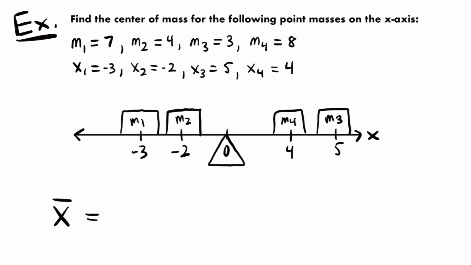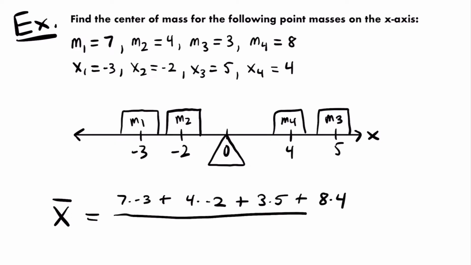We start with the moment for the first mass, m sub 1 times x sub 1, so 7 times negative 3, plus the moment for our second mass, m sub 2 times x sub 2, which is 4 times negative 2, plus the moment for our third mass, 3 times 5, plus the moment for our fourth mass, m sub 4 times x sub 4, so 8 times 4.